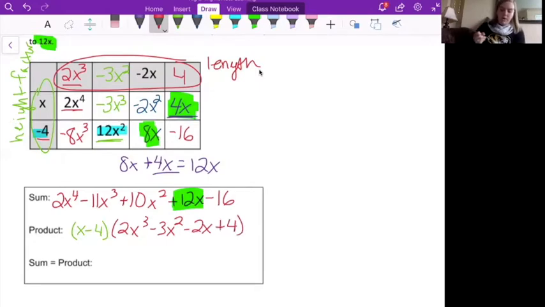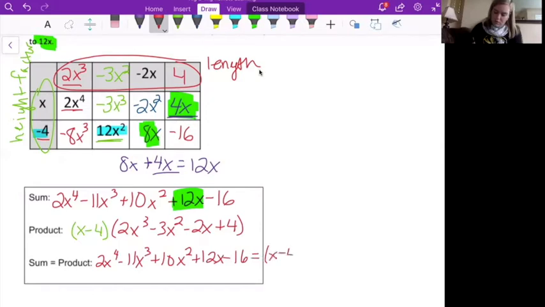And so our sum equals product: 2x to the fourth minus 11x cubed plus 10x squared plus 12x minus 16 equals x minus 4 times 2x cubed minus 3x squared minus 2x plus 4.